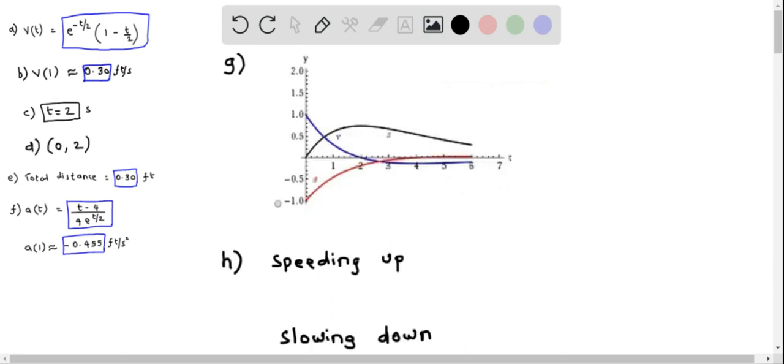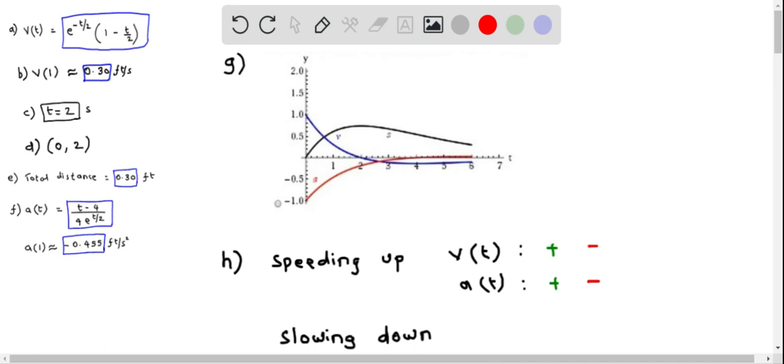In part H, we determine the time interval when the particle is speeding up and also slowing down. So we see that the particle is speeding up when velocity and acceleration are both positive or both negative.